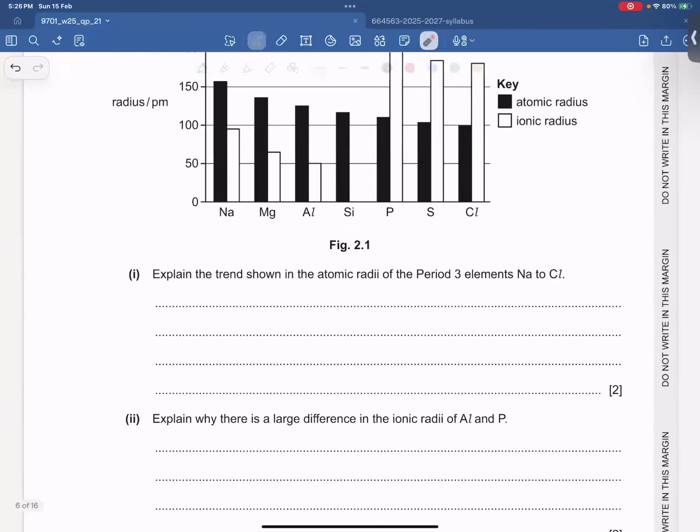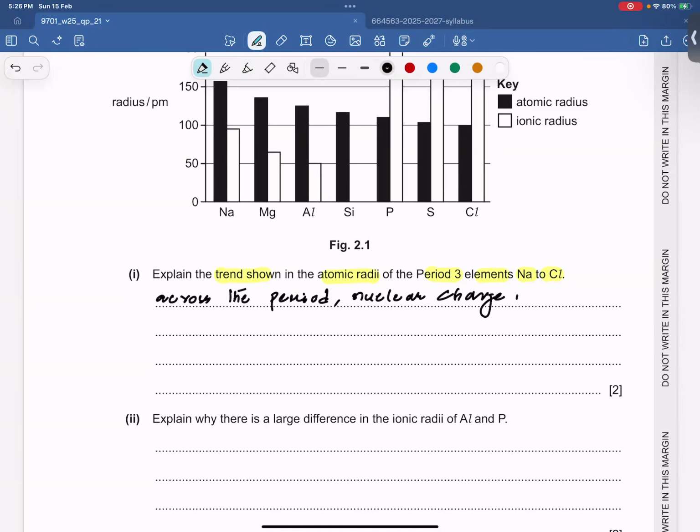So explain the trend shown in the atomic radii of the period 3 elements sodium to chlorine. So across the period, nuclear charge increases. If nuclear charge increases, shielding remains the same.